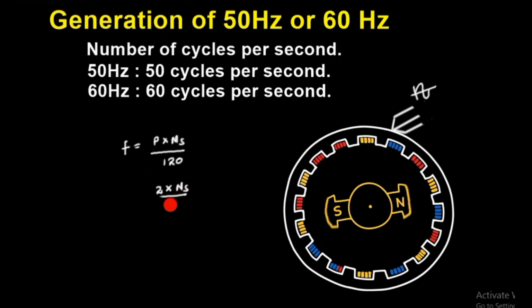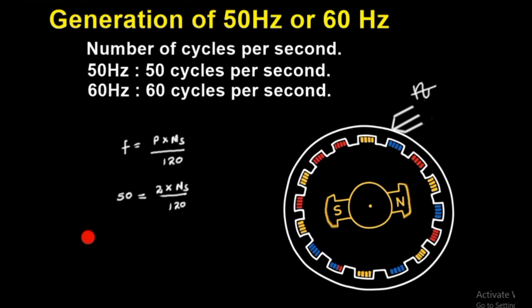Now if you want the frequency to be 50 Hz, solving this for Ns, we get the value of Ns equal to 1500 rpm. It means if this rotor is rotated with 1500 rpm, then the frequency of the generated EMF will be 50 Hz.